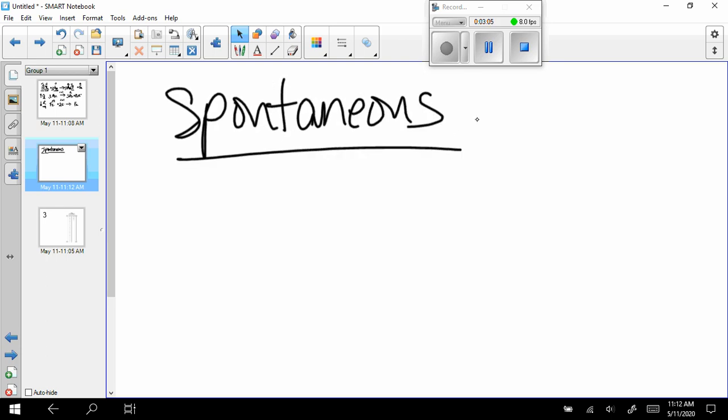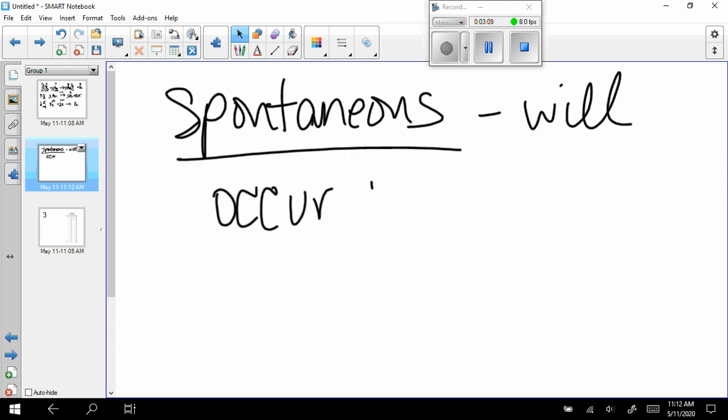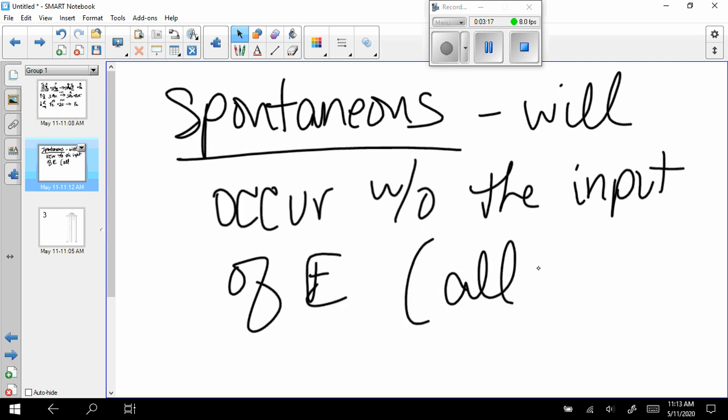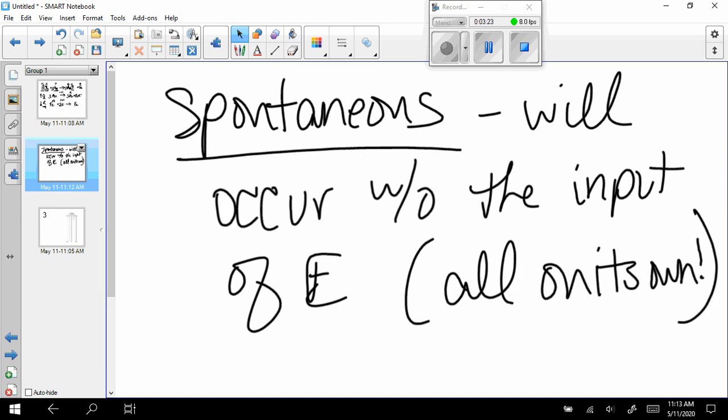So spontaneous means that it will occur without the input of energy. I like to think of this as it happens all on its own. So if a reaction is spontaneous, it happens all on its own.